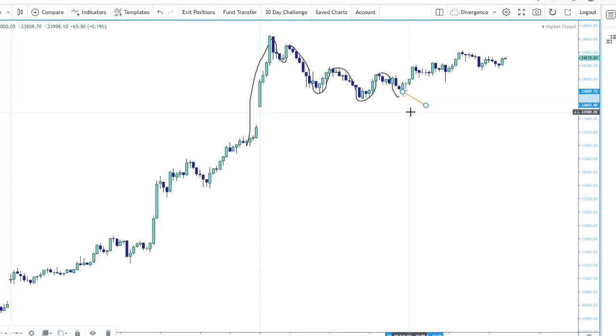Okay, that was my stop loss, and I went with 1:3 risk to reward ratio, which got achieved quite easily.